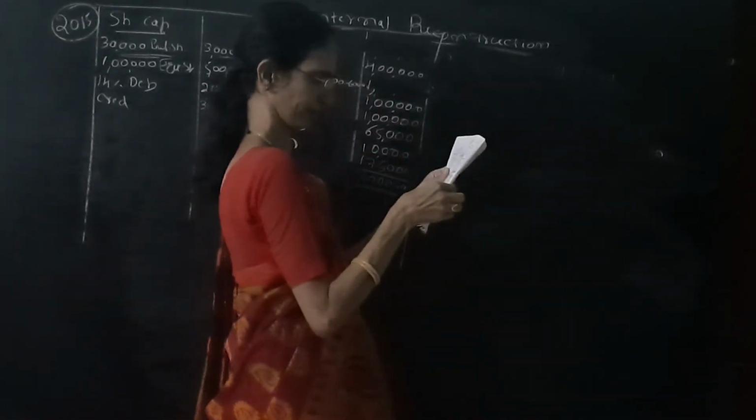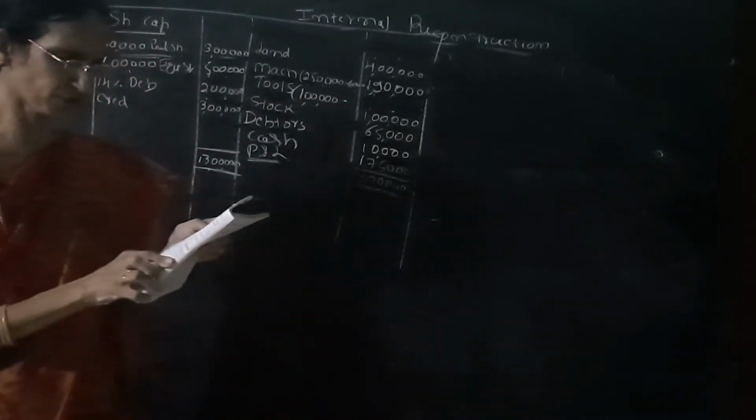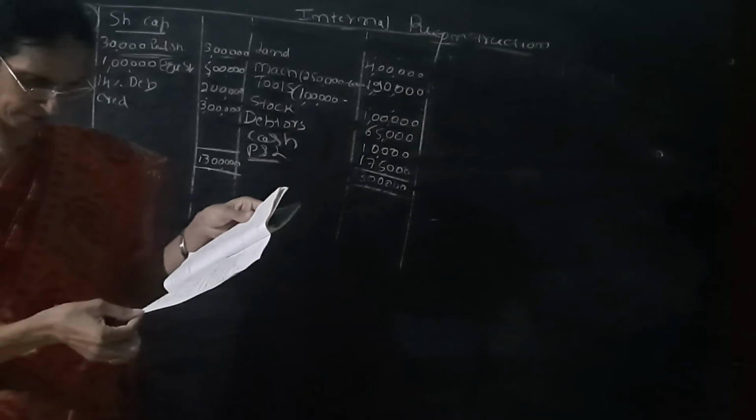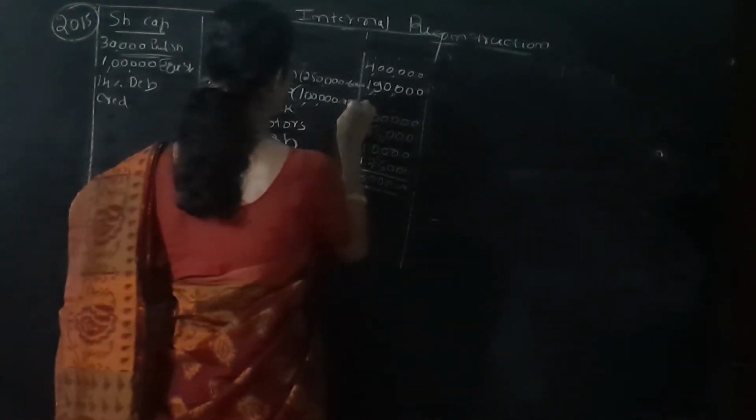Then we get 1,90,000. Like that tools, it is given in the balance sheet 1 lakh. Given in the adjustment, how much was it reduced by? 48,000. Deduct 48,000.